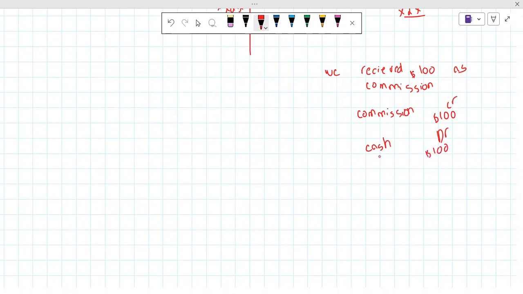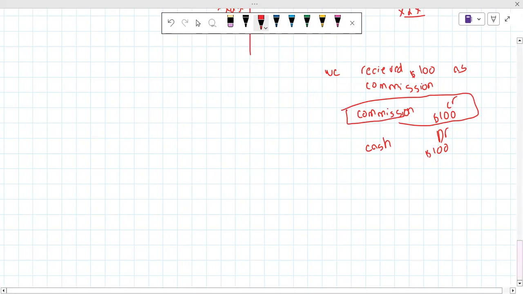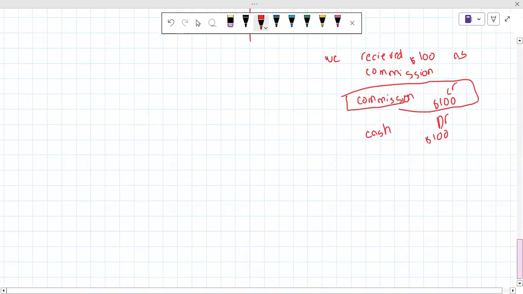But at the end of the year, when we are going to make our income statement, what will we have to do? We just nil this commission account, or we can say finish the commission account of the specific year. Like we are going to make the profit and loss statement for 2012, so it means we have to close the commission account for 2012, only for 2012.